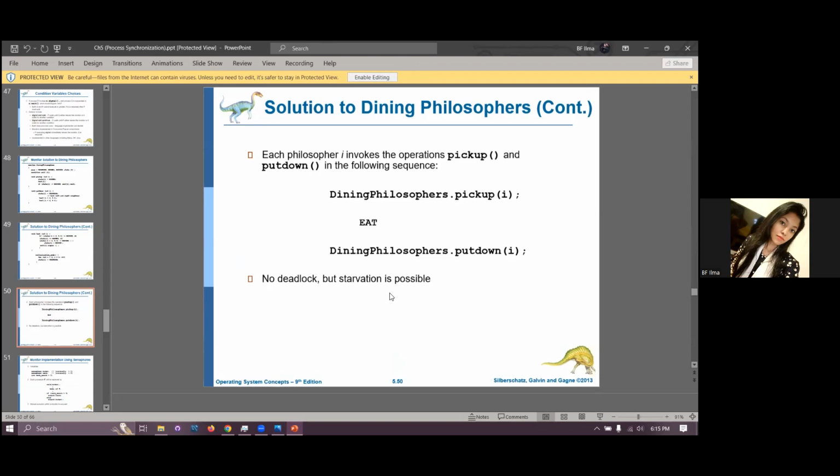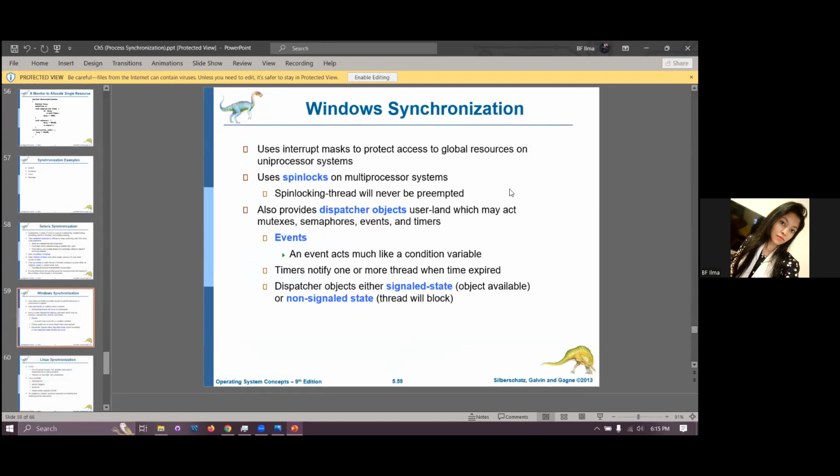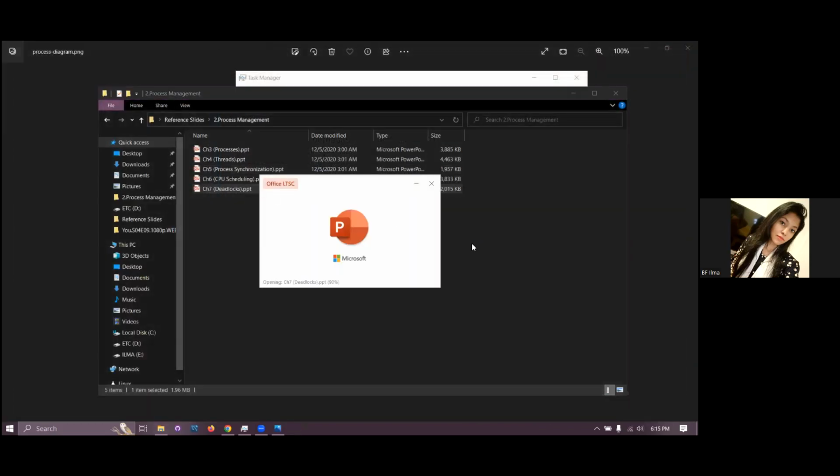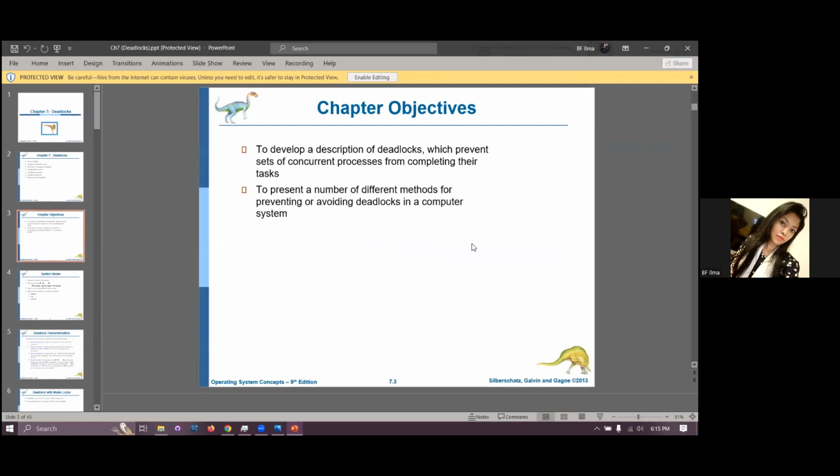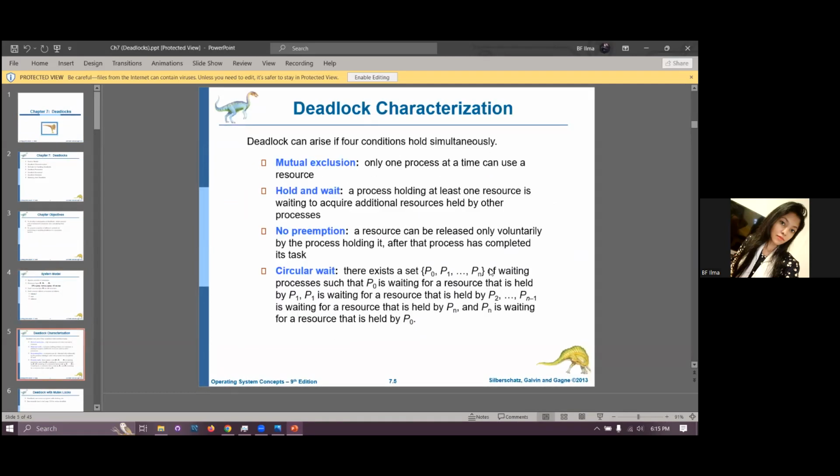Moving on to deadlocks. This is a situation where n number of processes share resources and prevent each other from completing, so all the processes are stuck, like in the dining philosophers problem, where every one of them holds a chopstick and none of them can eat and none of them can think.